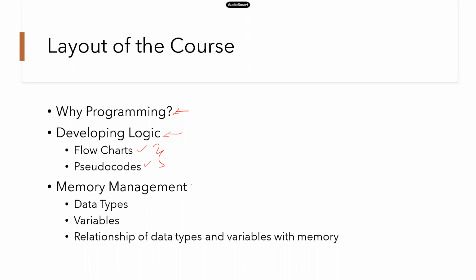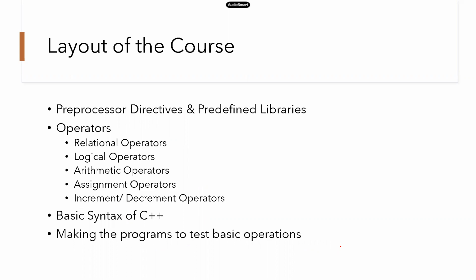Then we'll be seeing the memory management section, in which we will discuss in detail the data types, the variables, and the relationship of these data types and variables to memory management. How can we create a program which is memory efficient, and how memory occupation can affect the memory will be covered in this particular section.